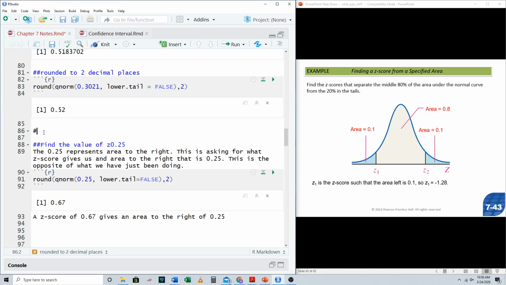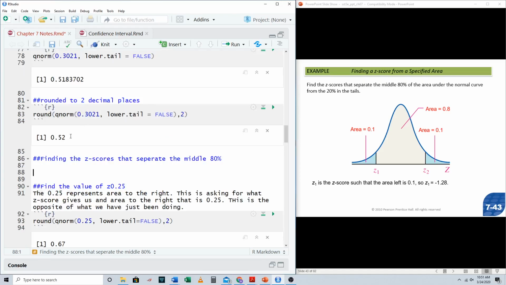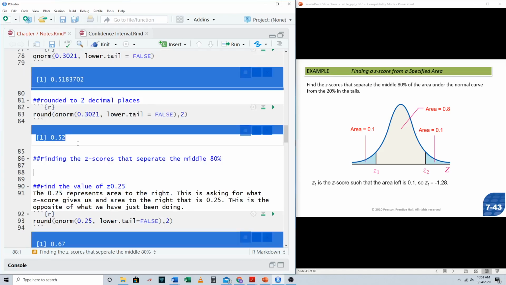Finding the z-scores that separate the middle 80%. All right, so we're going to do two of these, and I'm going to just copy and paste really all this right here.